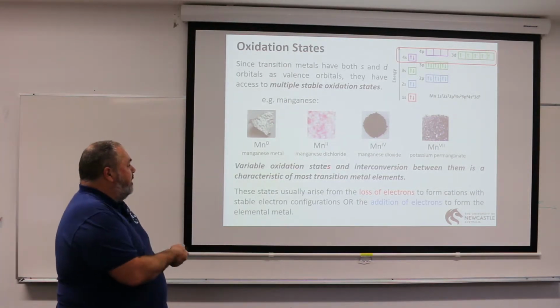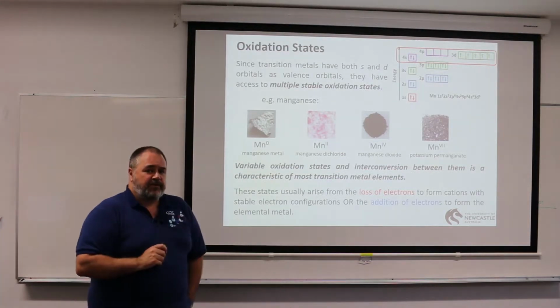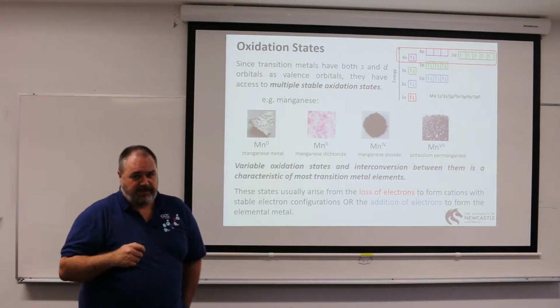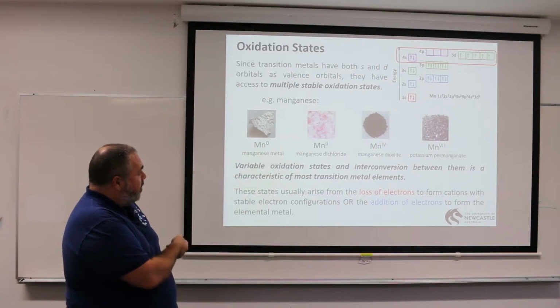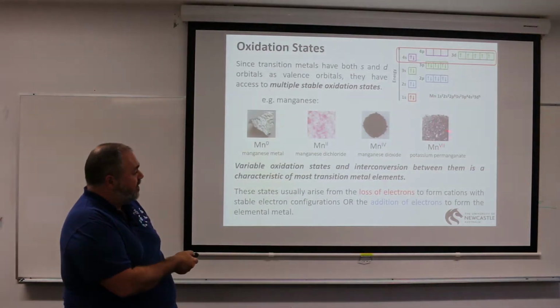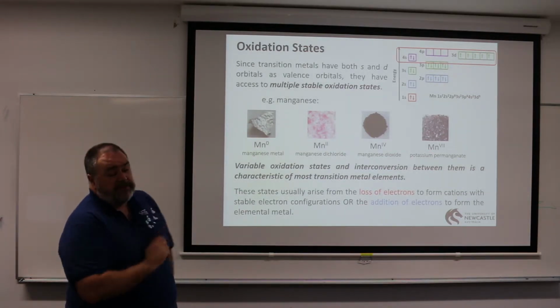So this ability to have variable oxidation states and to readily interconvert between them is a very common characteristic of transition metal elements. These compounds usually arise either from the loss of electrons to form stable cations or from the addition of electrons to form the elemental metal itself.